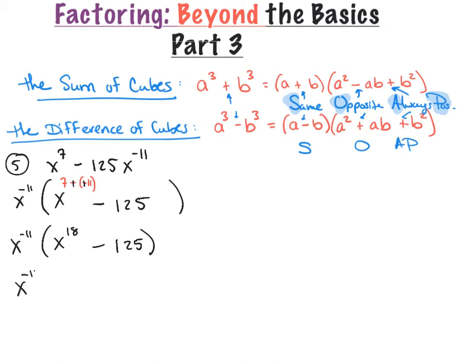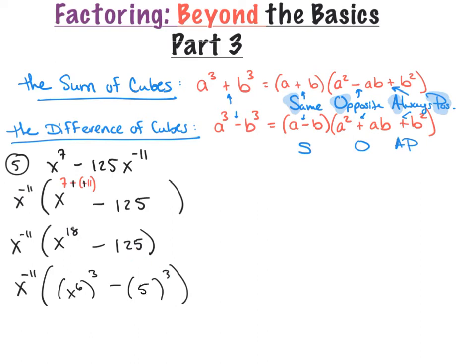So x to the negative 11 times something cubed minus something else cubed. So just like in the last one, to figure out who's being cubed, divide the exponent by 3. So 18 divided by 3 is 6. x to the 6th. Now, don't divide the numbers by 3, just the exponents. So what multiplied by itself 3 times gives you 125?